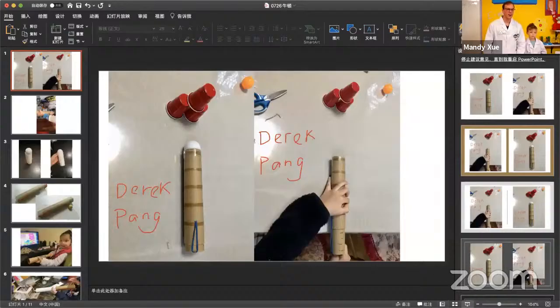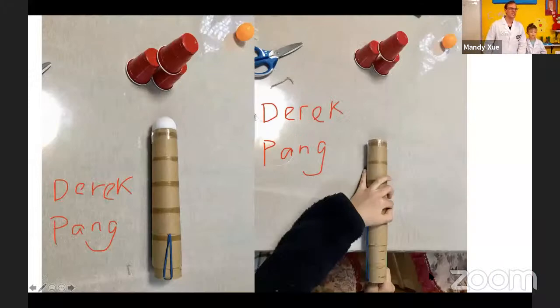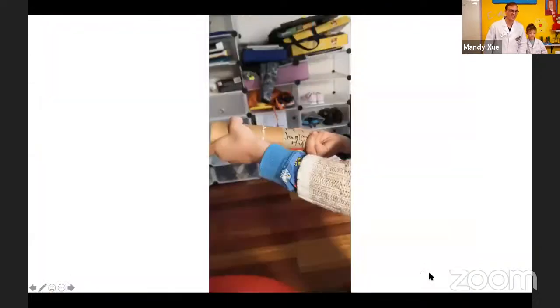Okay, so I think we have some pictures I can see that you've sent of your cannons. Okay, the first one. This is Derek. Very good. Oh, that looks great. Look at that. Excellent work, Derek.